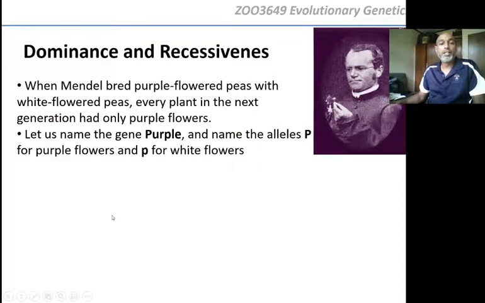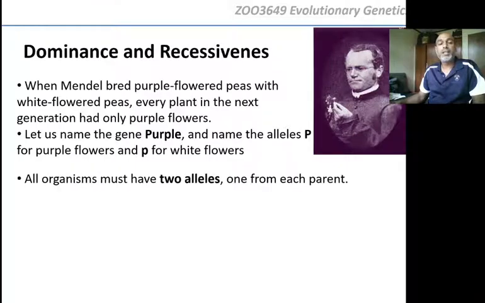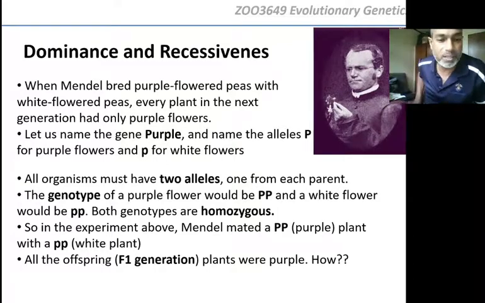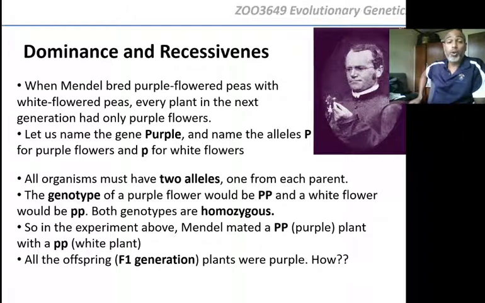All right. So dominance and recessiveness, right? So this is obvious, right? Mendel said that there was a gene with an allele which was dominant, and an allele which was recessive, okay?